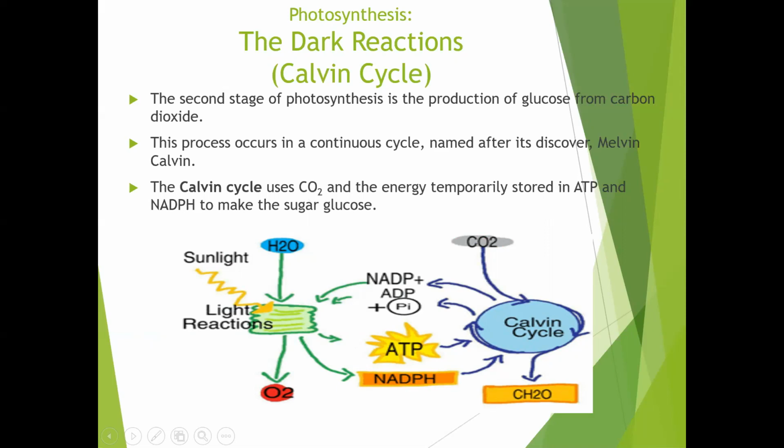So that's really what's happening in the dark reactions, is we're taking ingredients, we're taking a carbon, we're taking an oxygen, we're taking a hydrogen, and we're mixing them together like you would in a recipe to get our final product. In this case, it's going to be that building block for sugar.